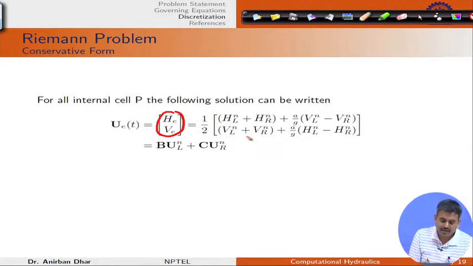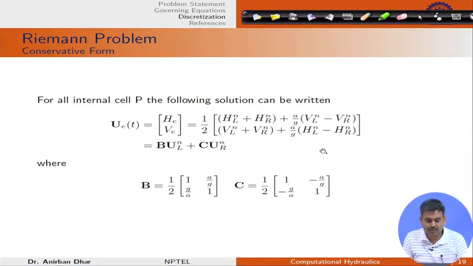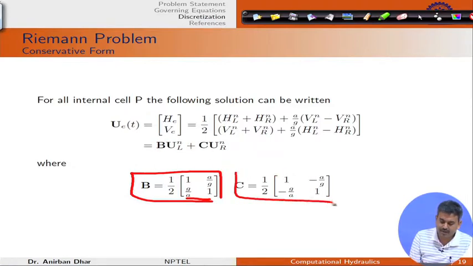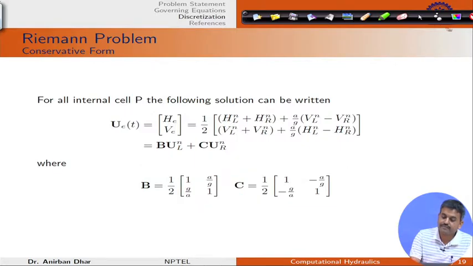Based on that, we can calculate HE and VE values. Obviously, we can further simplify this with two matrices, where B equals half, 1, g by a, a by g, g by a like this. That means from the left side whatever value is there, from the right side whatever value is there.